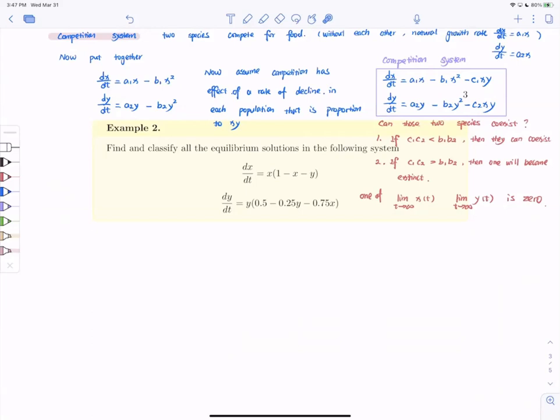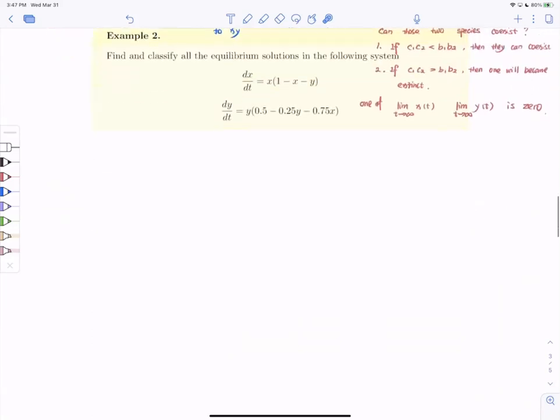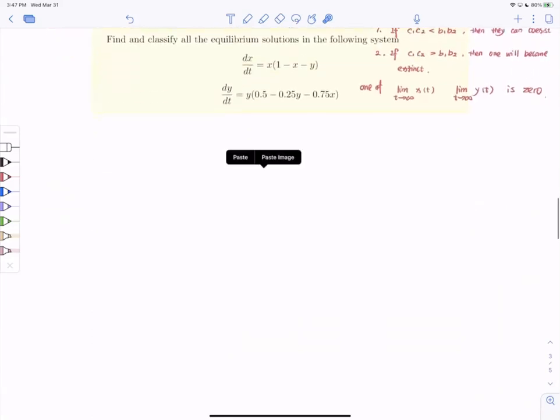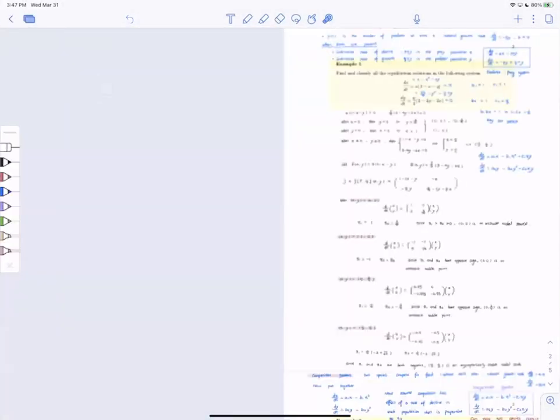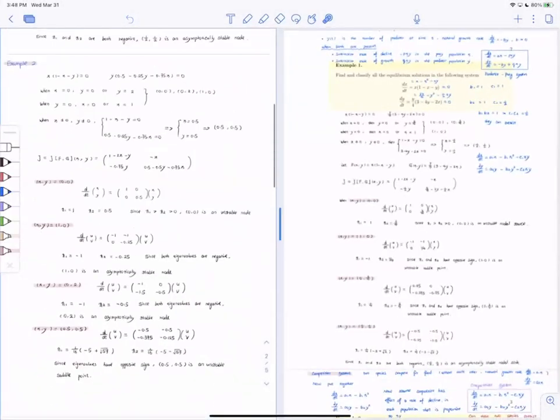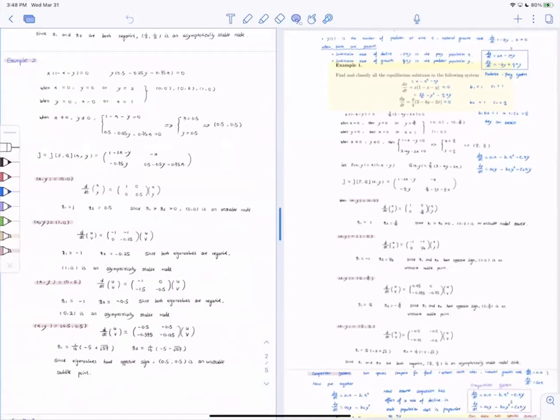I will give you a solution for the equilibrium solutions, so you can try it and compare yours with my solution. I think I wrote a complete solution, which is here. I'll copy paste it. This is my complete solution.